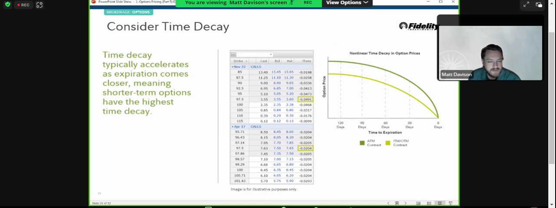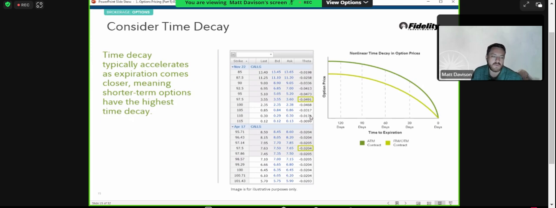I think most people generally understand the idea that if I'm getting more time, I'm going to have to pay more money to buy that option. Or if I'm selling more time, I should be asking for more money. However, when we think about how time actually decays out of the option, this is less obvious.